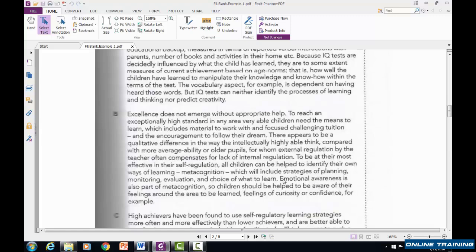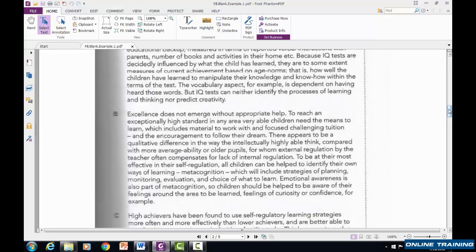So this sentence right here, starting with the words emotional awareness, is the sentence we need to be looking at in terms of what is developed. So our sentence says, emotional awareness is also part of metacognition. So children should be helped to be aware of their feelings around the area to be learned. Feelings of curiosity or confidence, for example.